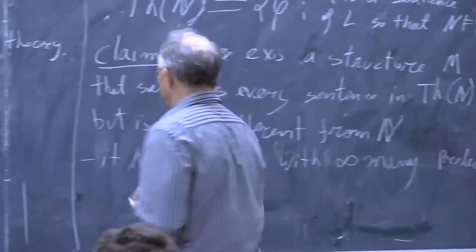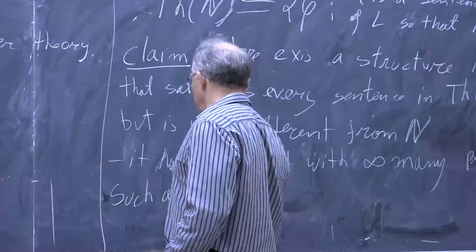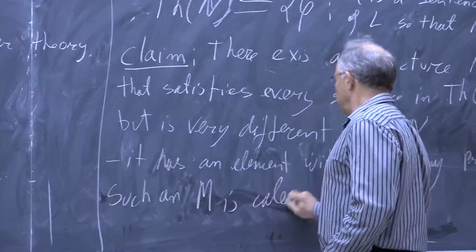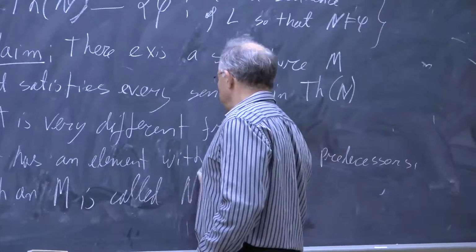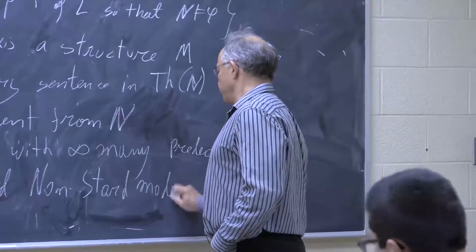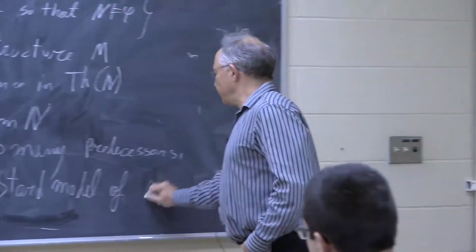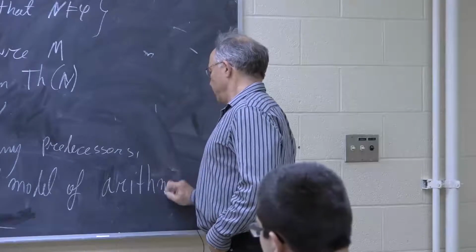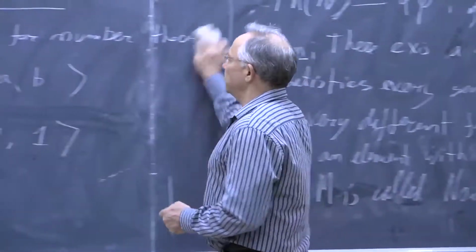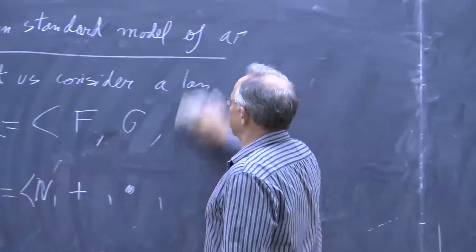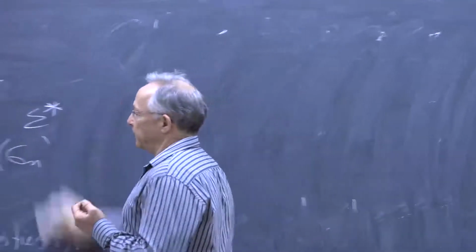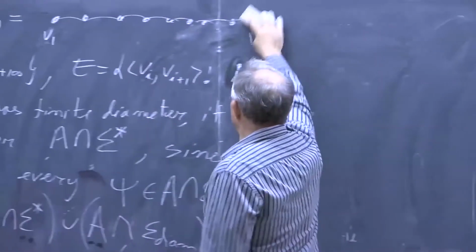Such an M is called a non-standard model of arithmetic. Now, we are going to use the compactness theorem to show that such a non-standard model exists. But to motivate you, let's try to think a little bit about how such a non-standard model looks like.